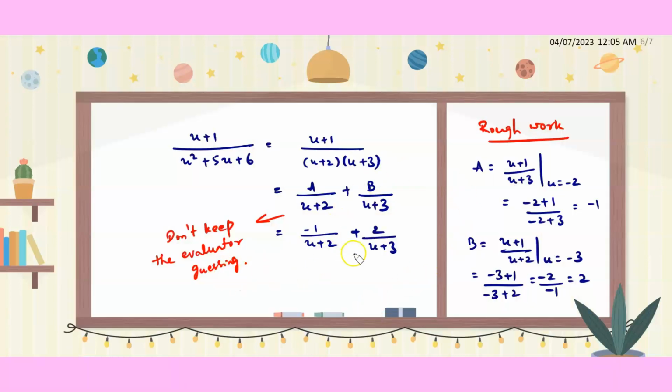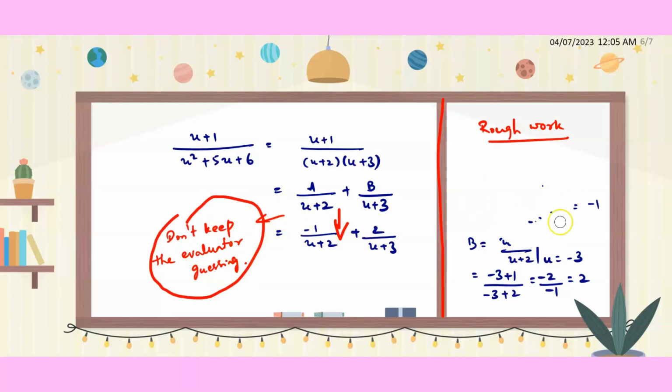And whenever you have some calculations, please make a rough column like this and try to do the rough work here itself. I have seen many answer sheets where, let us say, a partial fraction is needed, a by something, and the student directly writes the answer like a is -1, b is +2, and the evaluator is guessing how this fellow has got this answer, because the student doesn't write any rough work here.